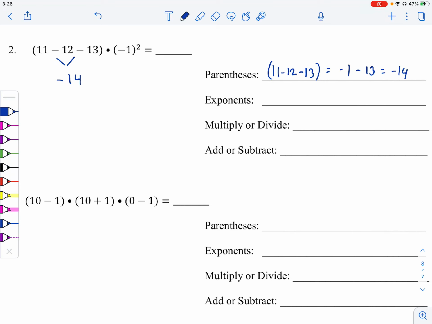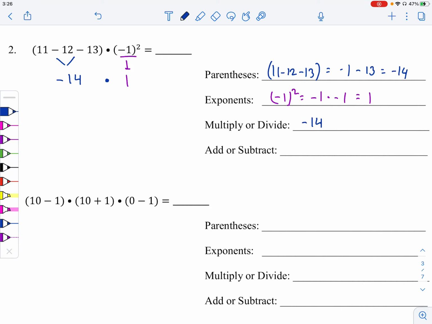Exponents, we do have an exponent here, negative 1 squared. So that's negative 1 twice, right? Because it's squared to 2, it's twice. Negative 1 times negative 1 is positive 1. So this right here is positive 1. And then we have our multiply right there.